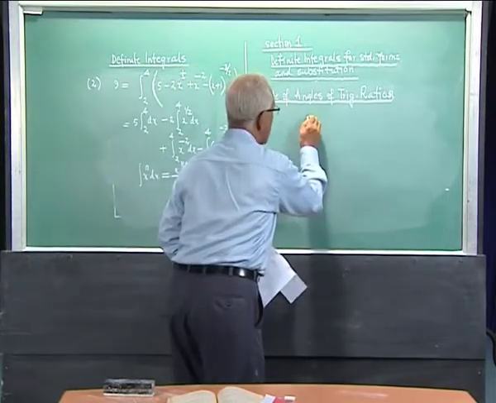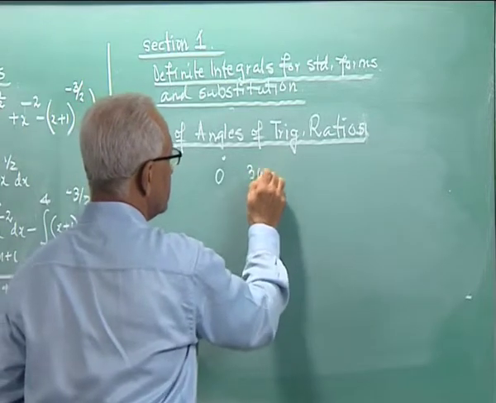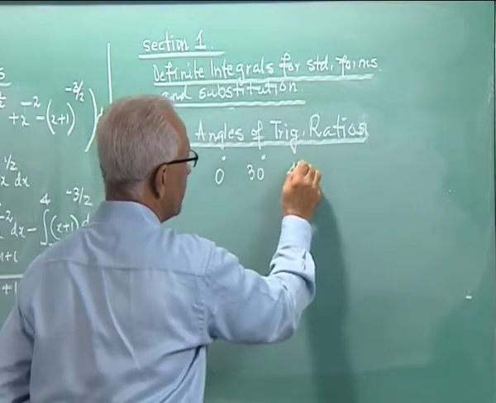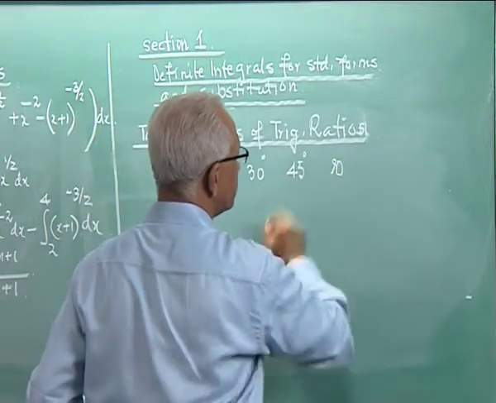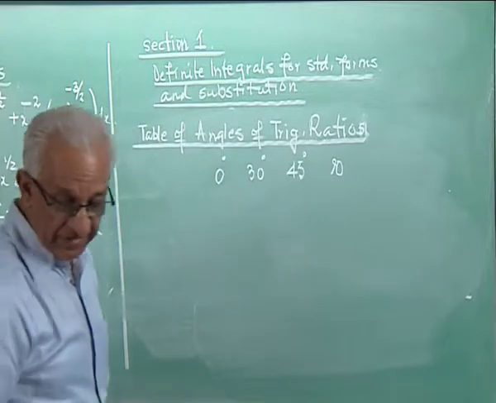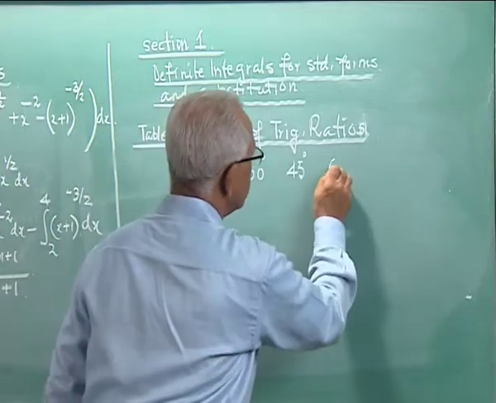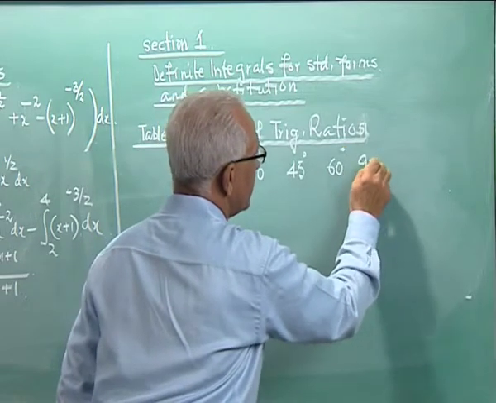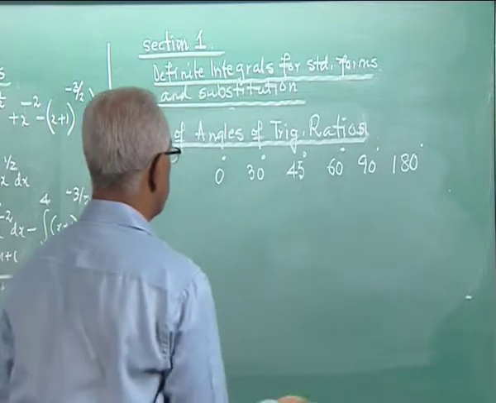I'll put it here, angles, that is 0 degrees, 30 degrees, 45 degrees, then we have 90, and then we can have in between one thing. We can have 60 degrees, we can have 90 degrees, and we can have 180 degrees will be sufficient.